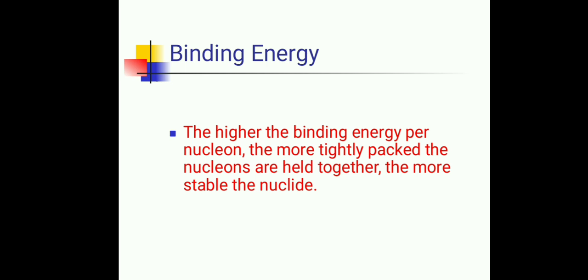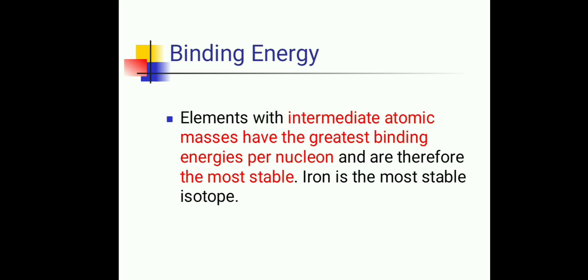That means the higher the binding energy, the higher the stability. Elements with intermediate atomic masses have the greatest binding energies per nucleon and are therefore the most stable. For example, iron is the most stable isotope.